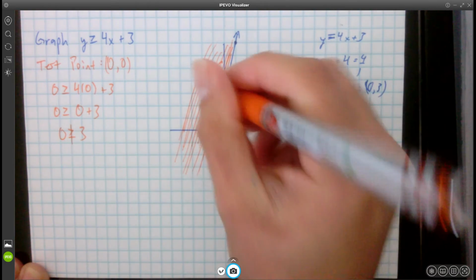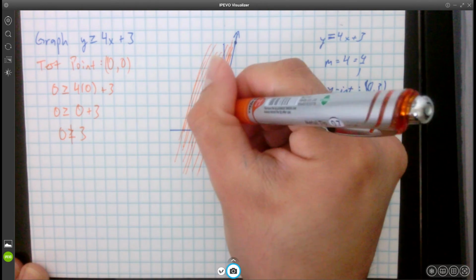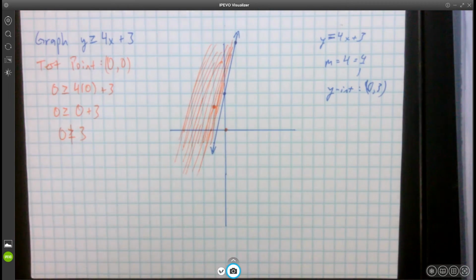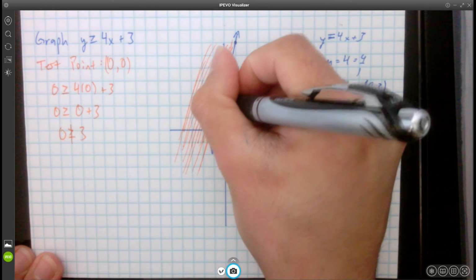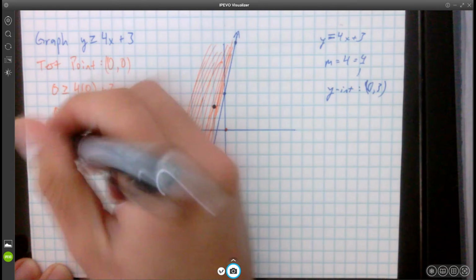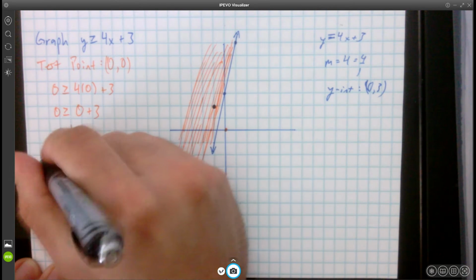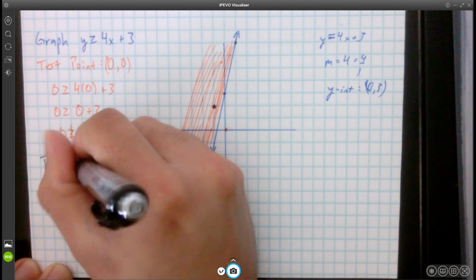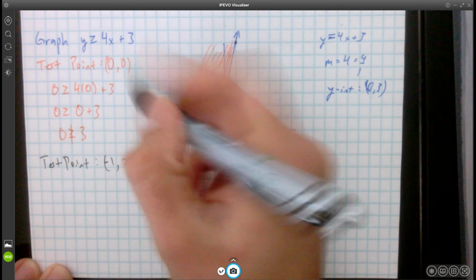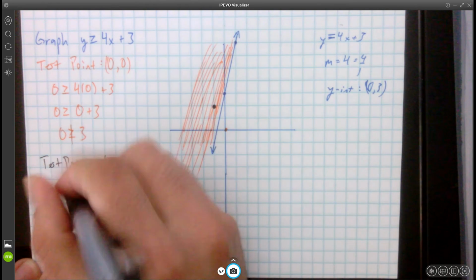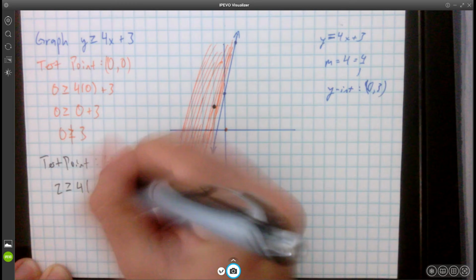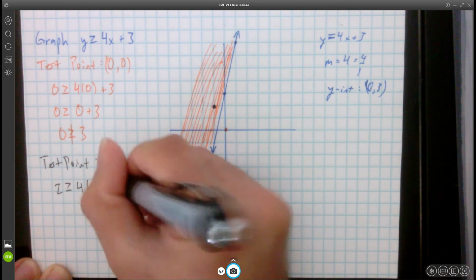Now let's say, for example, I wanted to choose (-1, 2) as my test point. Let me change the colors so it's a little more visible. Let's say I wanted to choose that point right there, which is (-1, 2), and substitute it into this inequality. So 2 is greater than or equal to 4 times negative 1 plus 3.